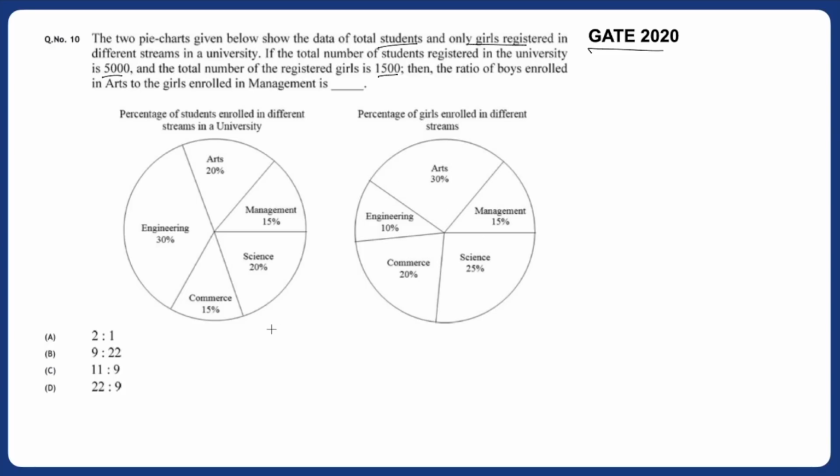So what are the things which are given to you? First of all, let's write them down. Total students are 5,000 and total girls, only girls, are 1,500.